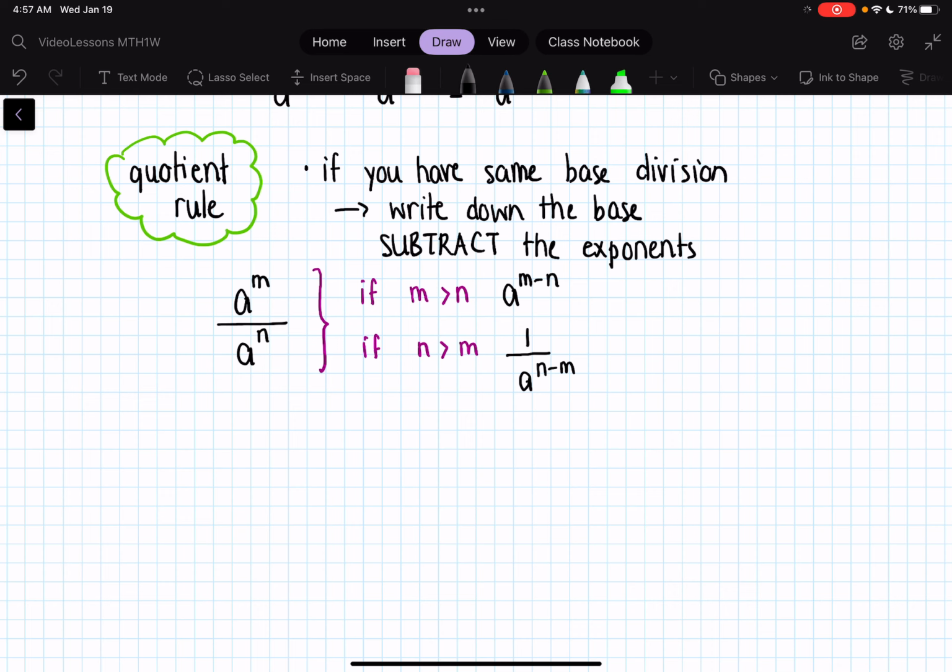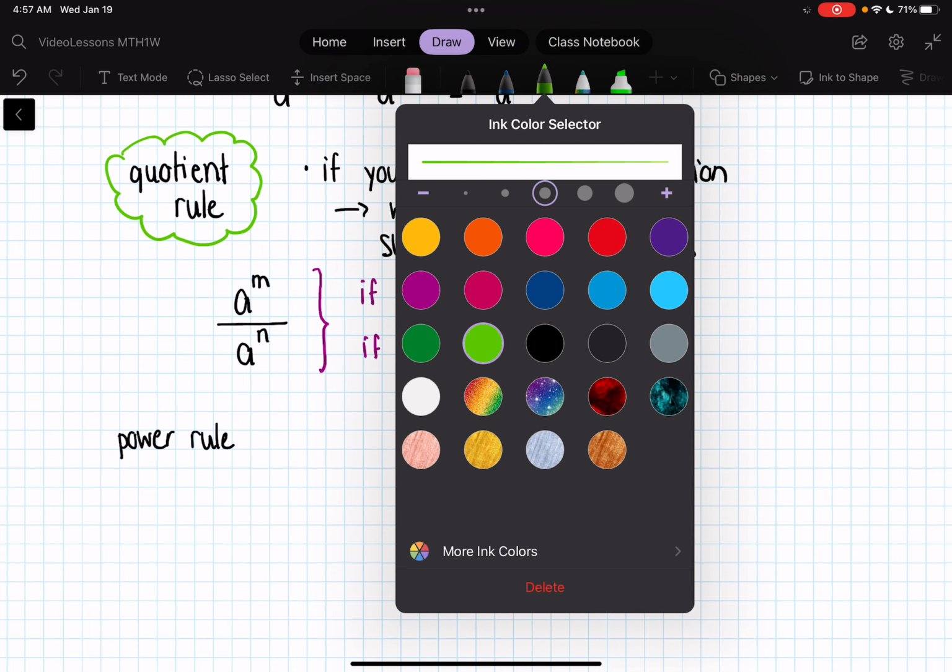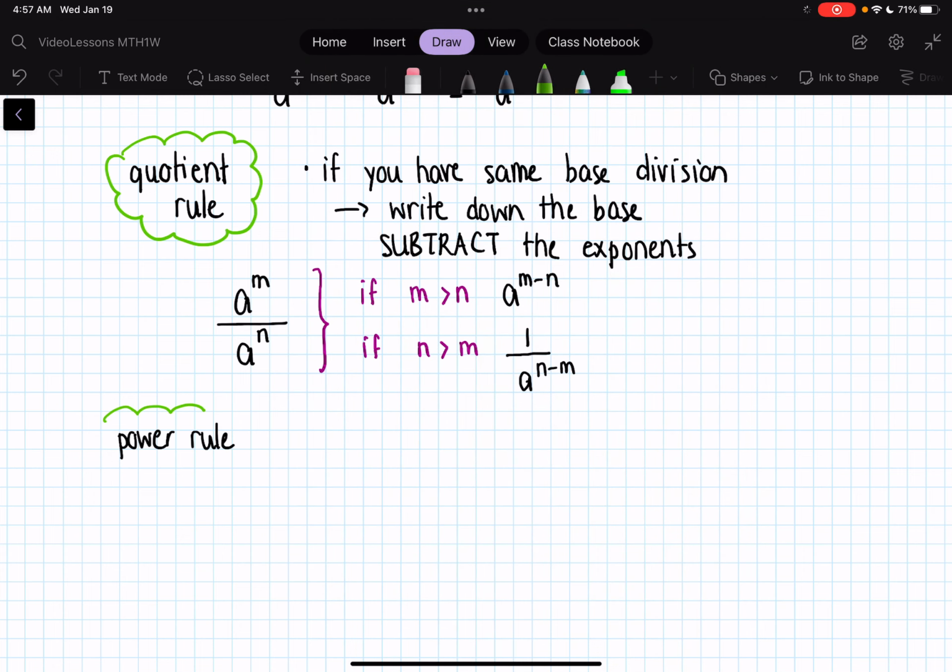The next rule we have is the power rule. And here is the rule in words. If you raise a power to a power, we write the base and we multiply the exponents.